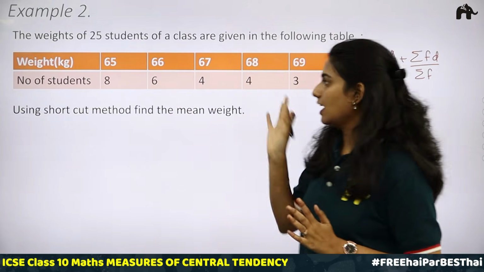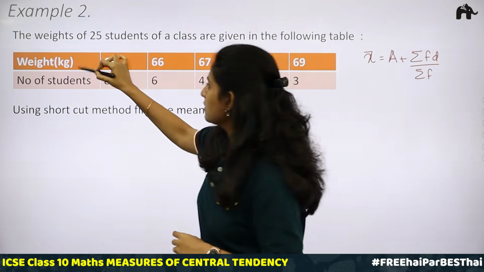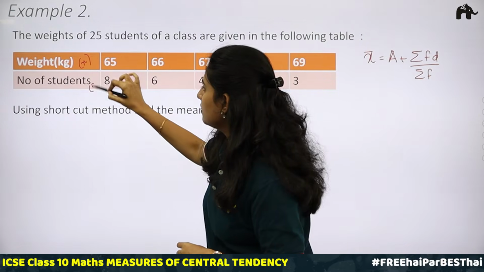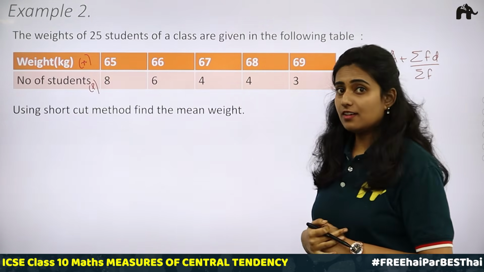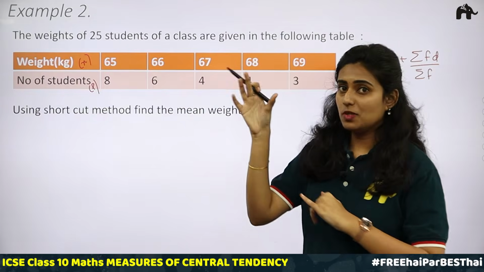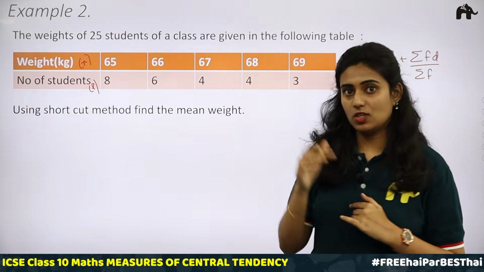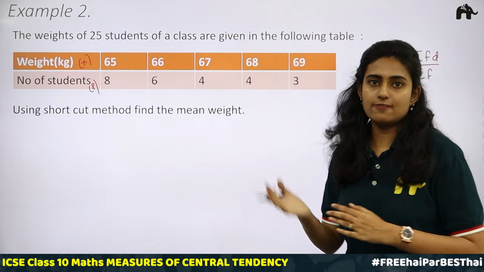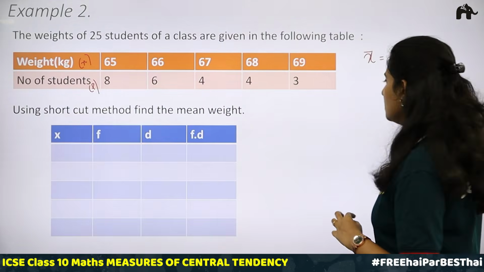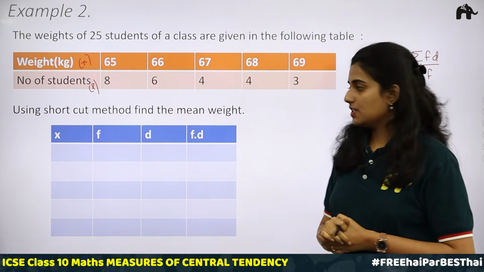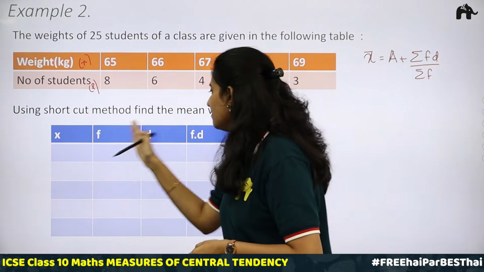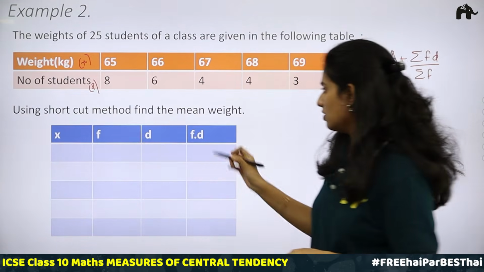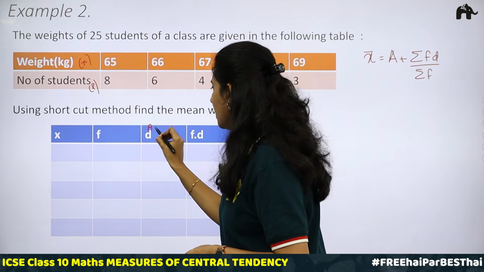Here we need x values, weight will be the x values, and then we need the frequency. After that, yes, we need the assumed mean and the deviation. D is equal to x minus A. That is the third column, and the fourth column, the product of F and D. So this is how the table looks like: X, F, D and FD. You also need A. A value you have to write.